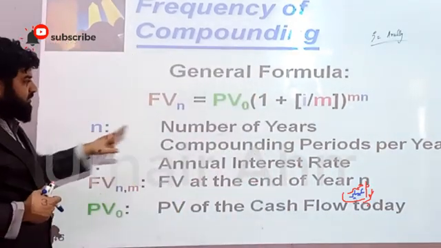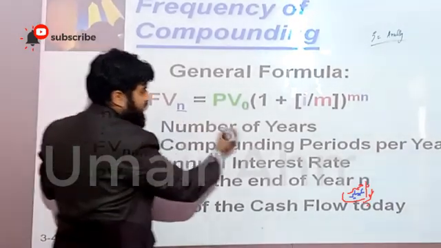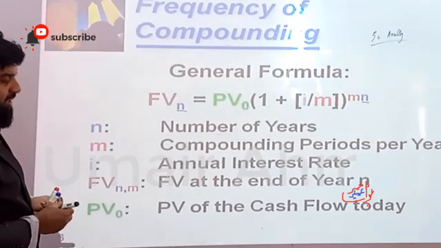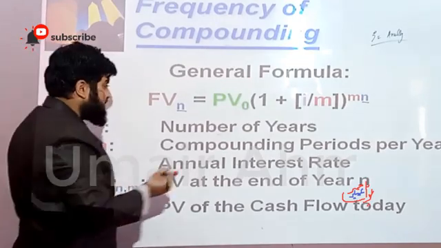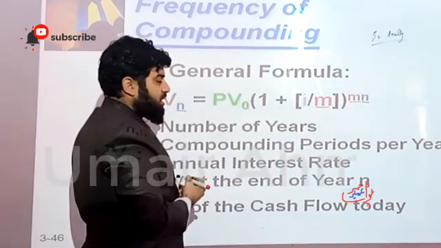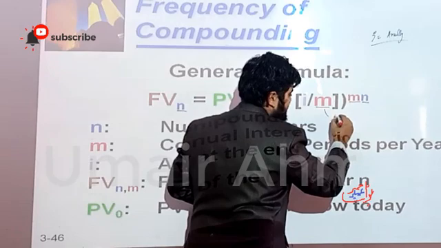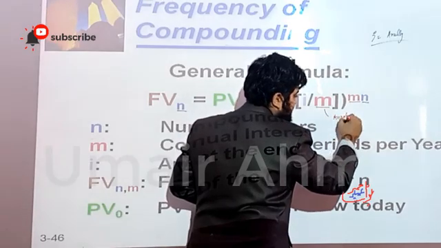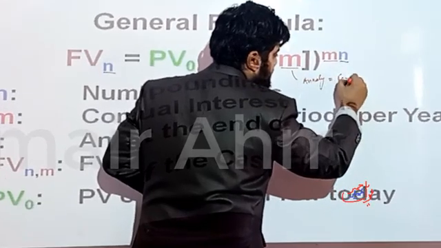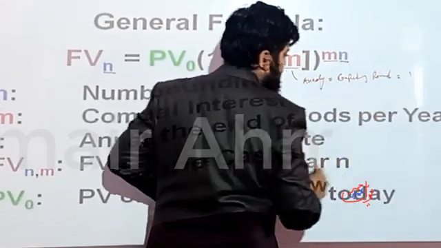Now n is equal to the number of years. The second, m, is equal to the compounding periods per year. Compounding period means if it is annual, the compounding period will be equal to 1.